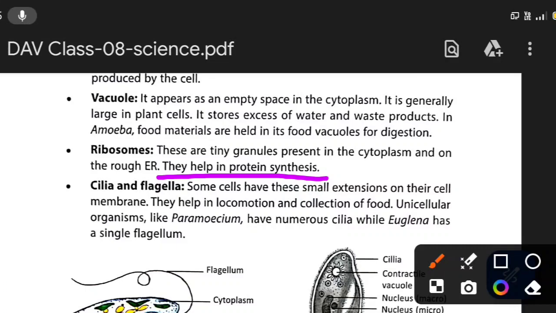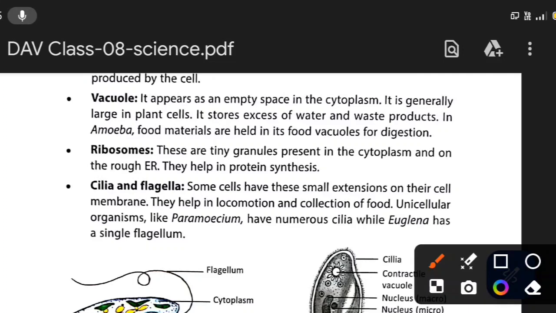Then cilia and flagella. Some cells have these small extensions on their cell membrane. They help in locomotion and collection of food. So we have hands and legs. Trees have roots, branches, but in case of microorganisms, they have locomotory organs like cilia and flagella.